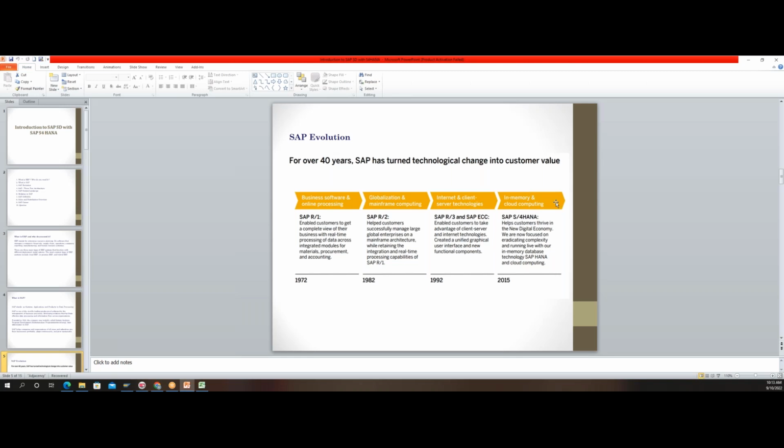And then came the concept of R3. R3 was an excellent and the most successful product of SAP, I could say. R3 brought two things. One is client server technology, and the other is the best utilization of the internet.